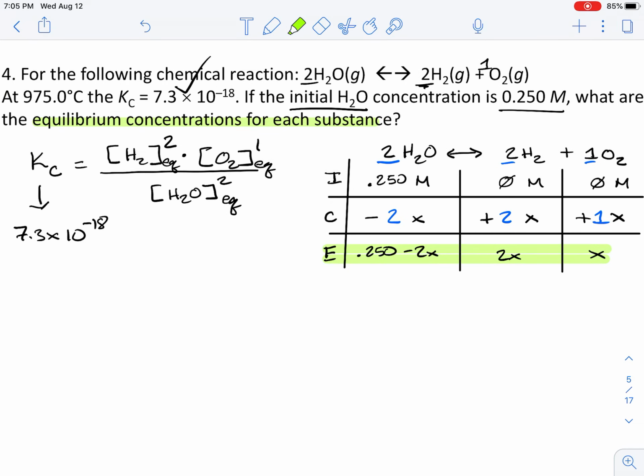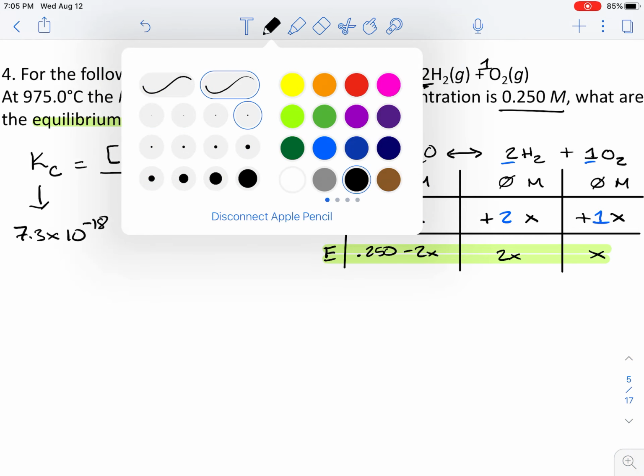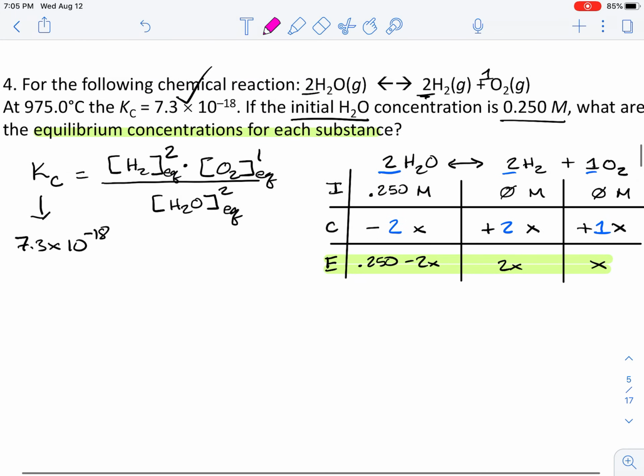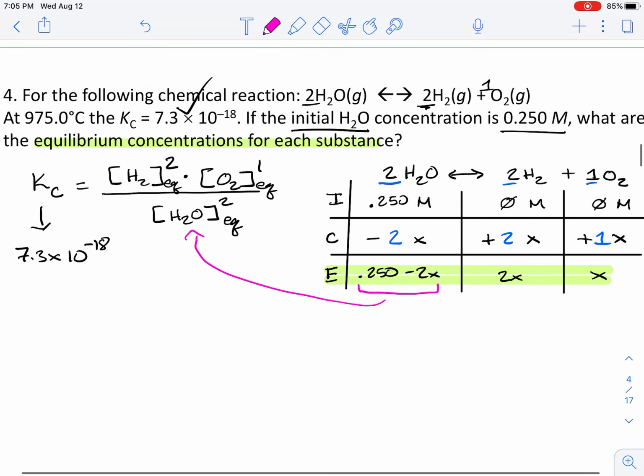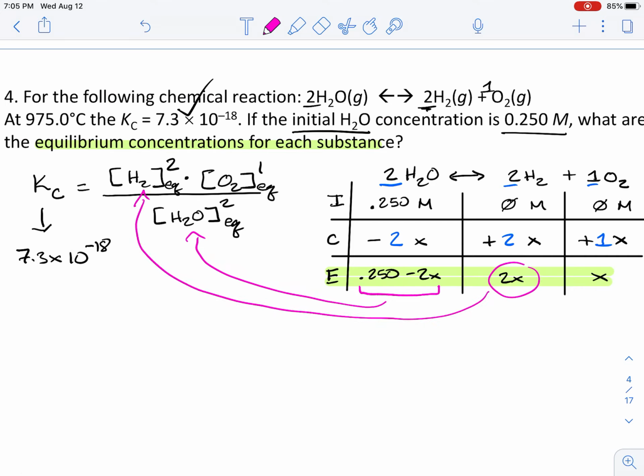So very similar to the previous problem, I'm going to take this expression and plug it in wherever I see water. That 0.250 minus 2x represents water, I'm going to plug this 2x into H2, and I'm going to plug this one into O2.